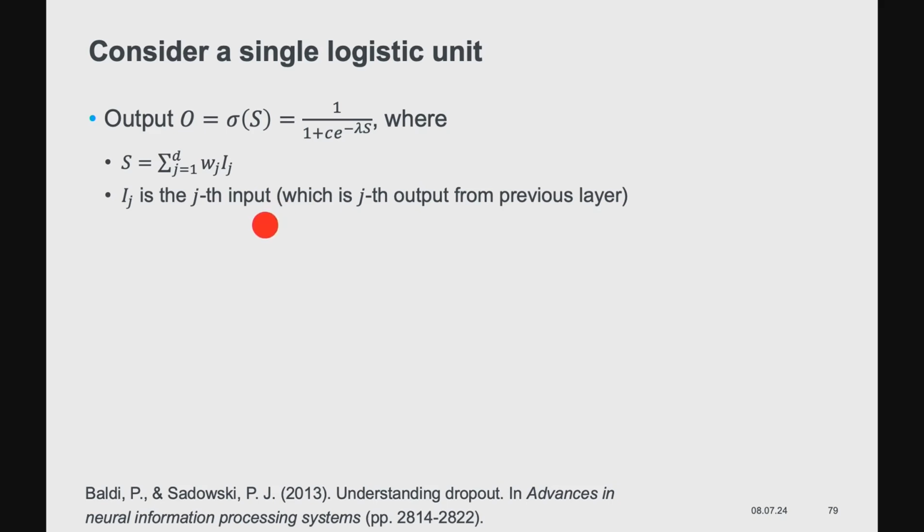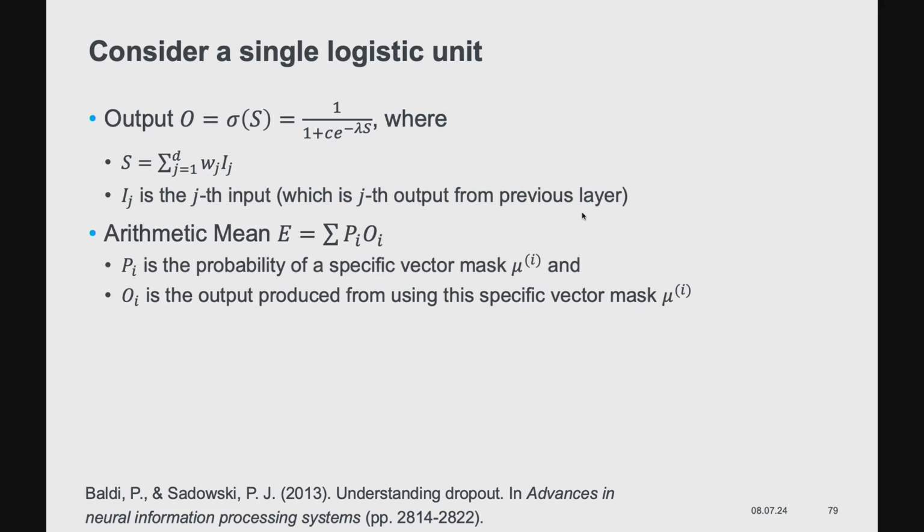So when we look at a single logistic unit, a sigmoid, then the sigmoid is determined, we can write it in this way. And S is just the weighted summed input. And Ij is the jth input, the jth output from the previous layer. So this is for a single unit.